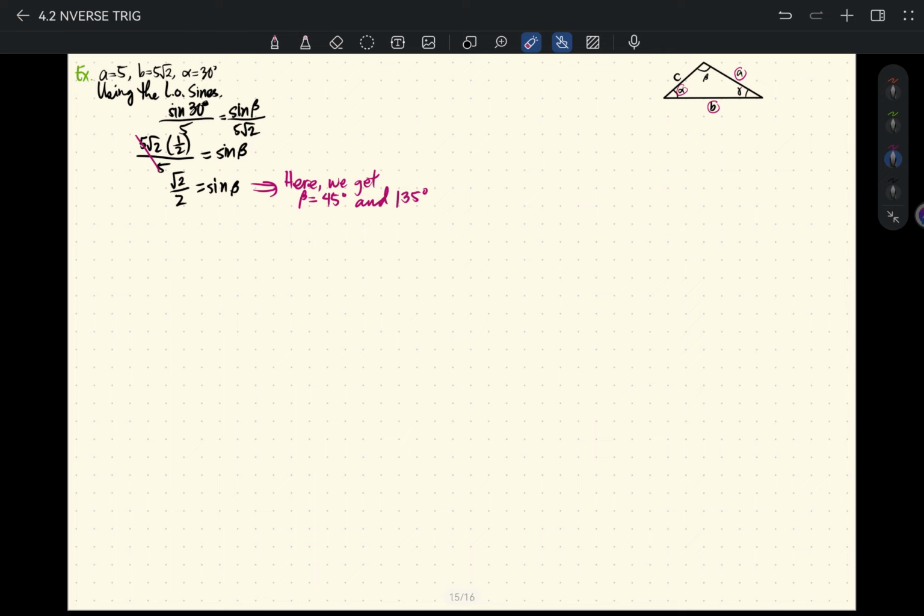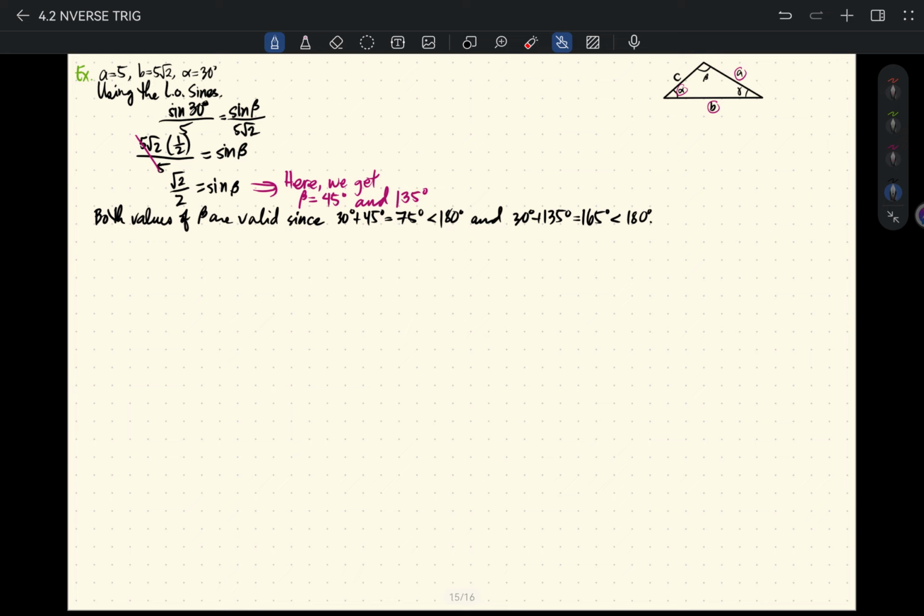Why is it valid? So both values of beta are valid since if we use 45 degrees, 30 degrees plus 45 degrees is 75 degrees, which is less than 180 degrees, and 30 degrees plus 135 degrees is 165 degrees, which is still less than 180 degrees.